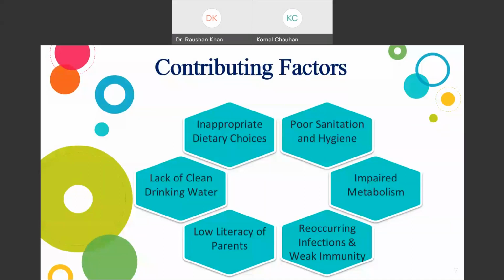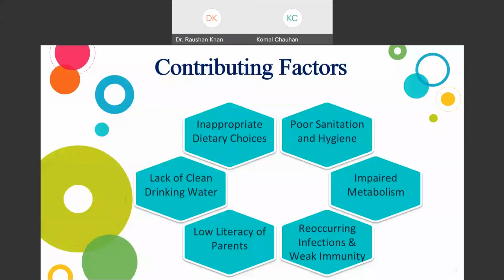As I told you, immunity, infections, disease, and malnutrition form a vicious cycle. If infection recurs again and again due to weak immunity, then the child may not be able to take a proper amount of food according to the age of the child. So the child will suffer from malnutrition over a longer period of time.